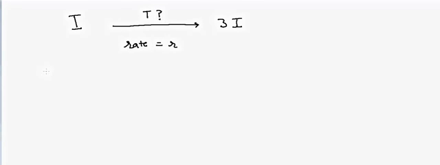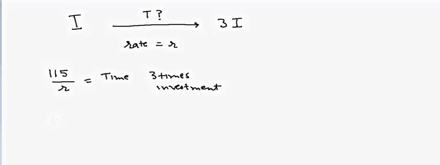You take the number 115 and divide it by R, and that will give you the time for the investment to be three times. For example, if the interest rate is 10%, then time will be equal to 11.5 years. This is the approximate time.